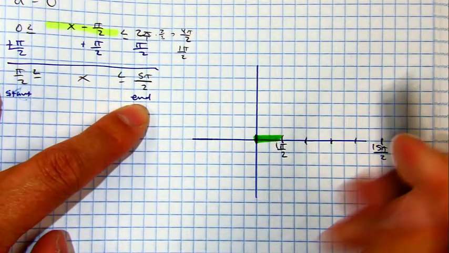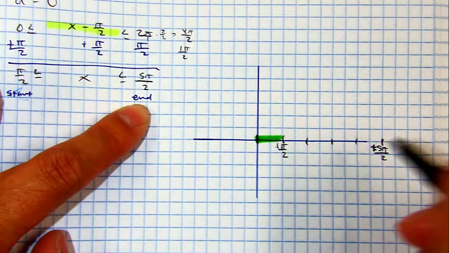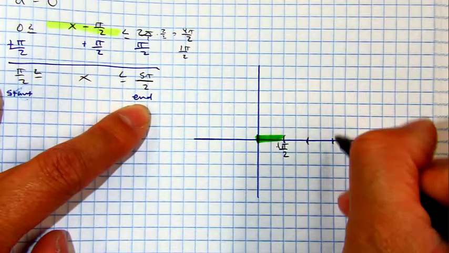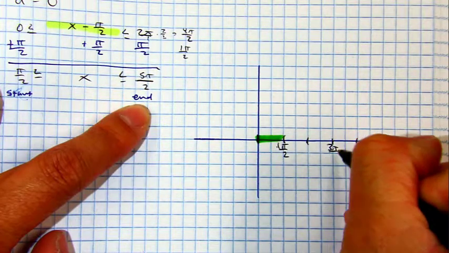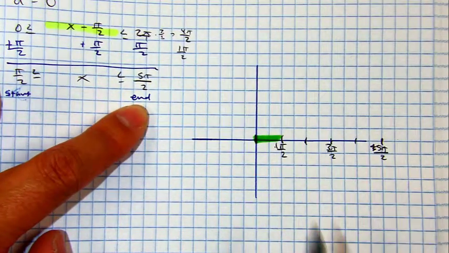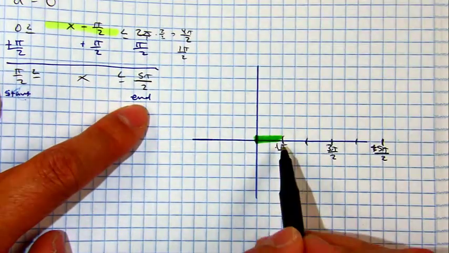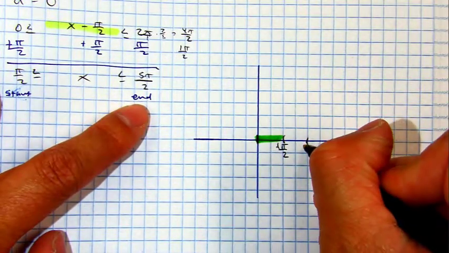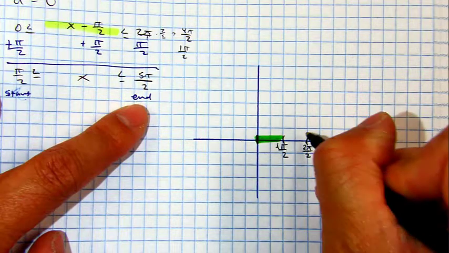So 1 plus 5 is 6. 6 divided by 2 is what? 3 pi over 2. This one's kind of nice because 1 plus 3 is 4. 4 divided by 2 is 2. So 2 pi over 2, which just produces 2 pi.